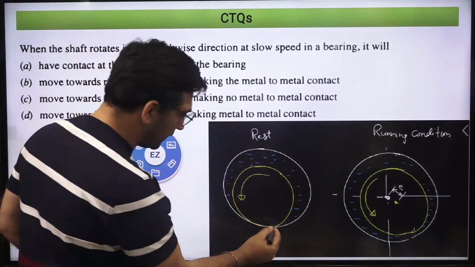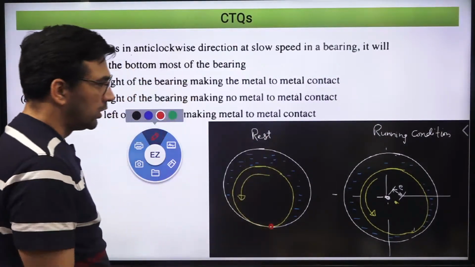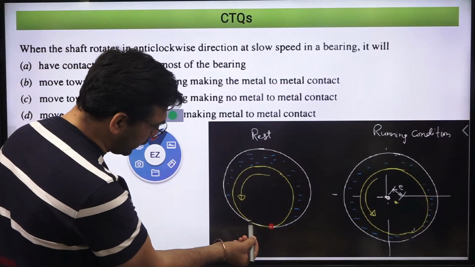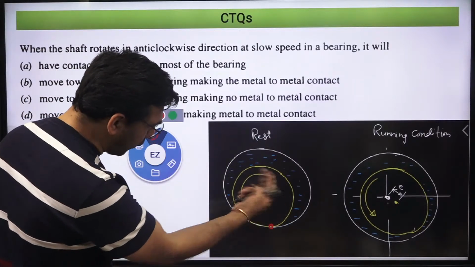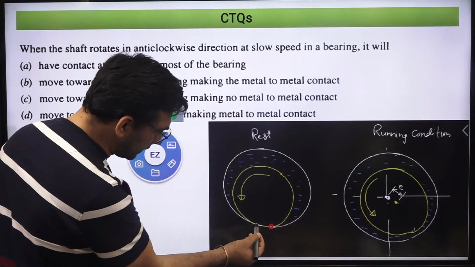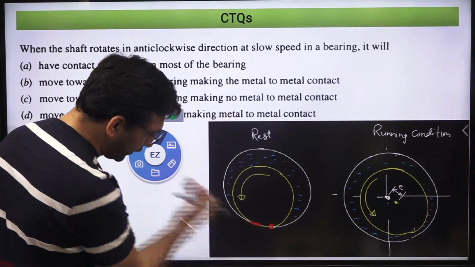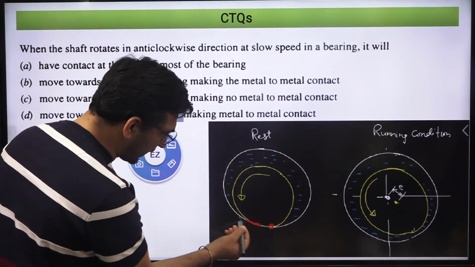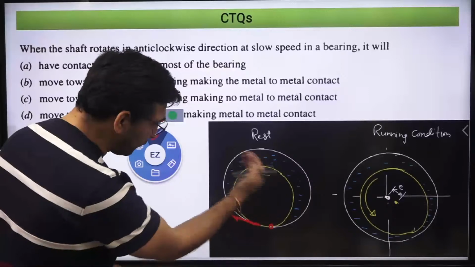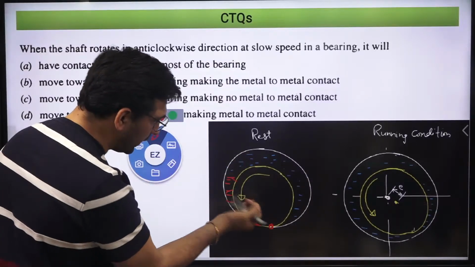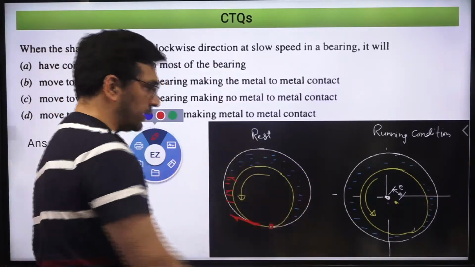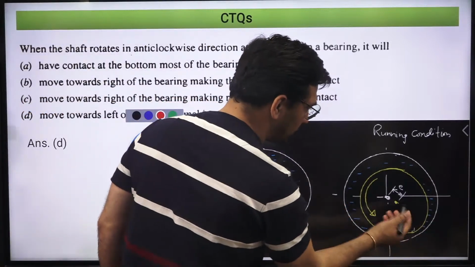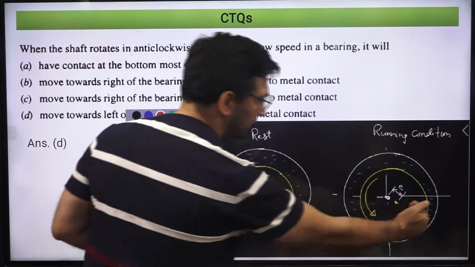Initially when the speed is low, it is going to move in a direction opposite to its rotation because of friction resistance, and it will try to ride over the other surface. But when sufficient pressure is built up, that pressure will shift it to the other direction. So in full running condition, as you know, the eccentricity is going to be on the other side.